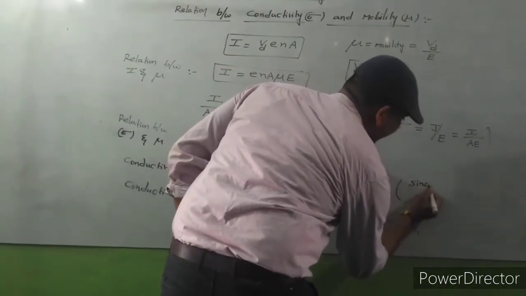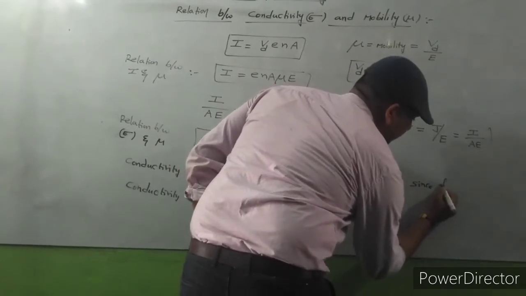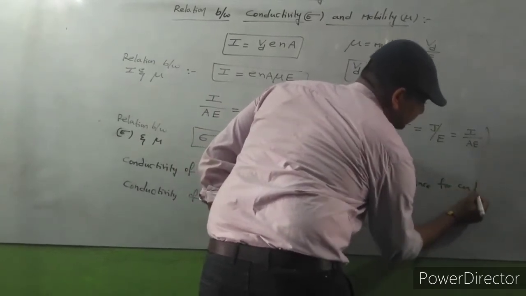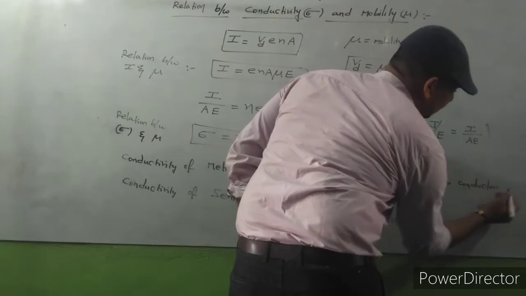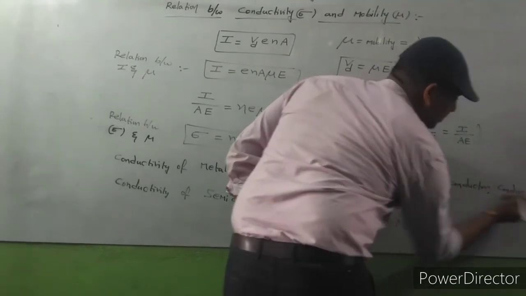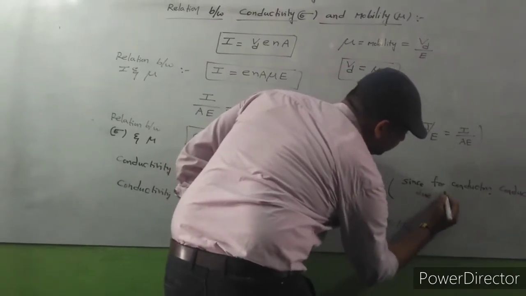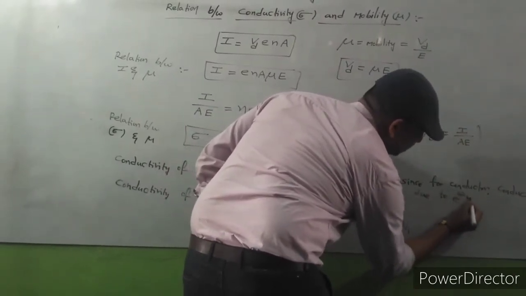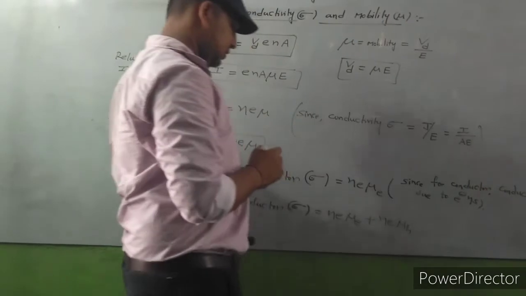Since for conductor, conductivity is due to electrons.